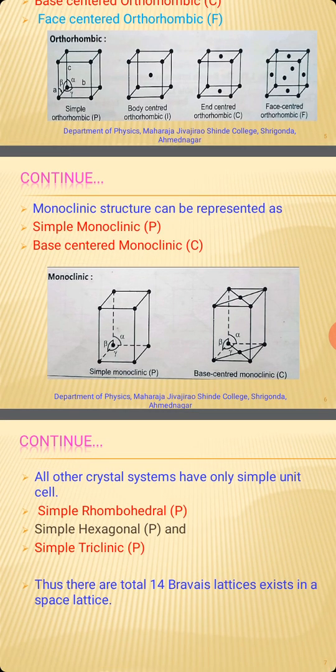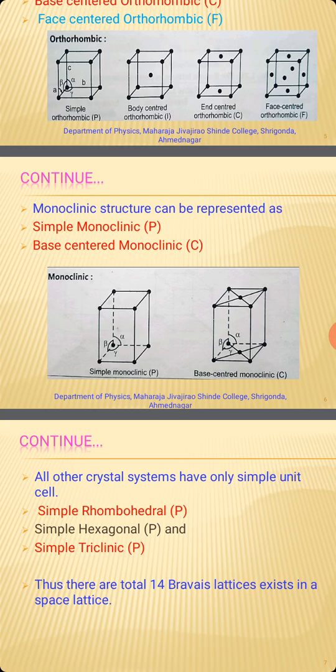And the remaining crystal systems, that is rhombohedral, hexagonal, triclinic, all these have simple structures. It means that we will have a simple rhombohedral, denoted by capital P, simple hexagonal denoted by capital P, and simple triclinic by capital P.